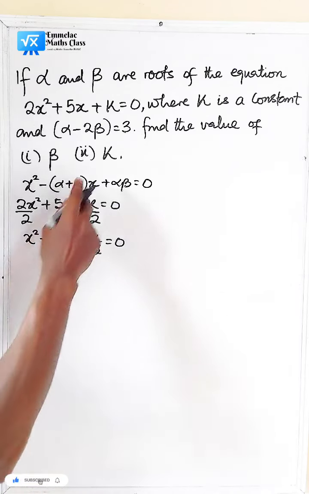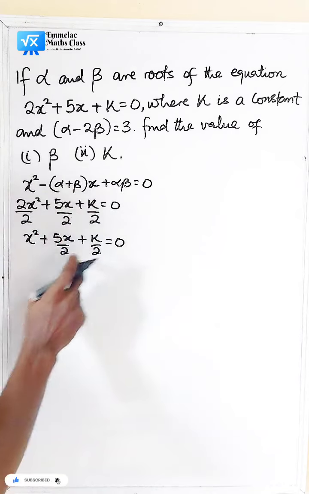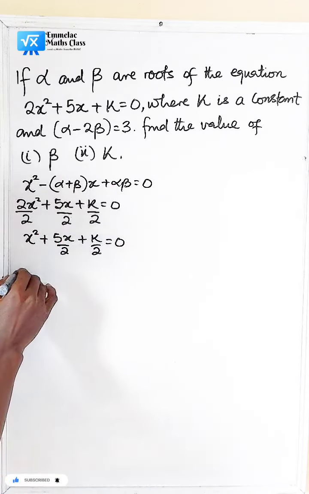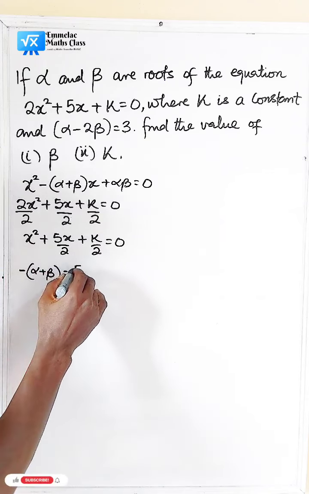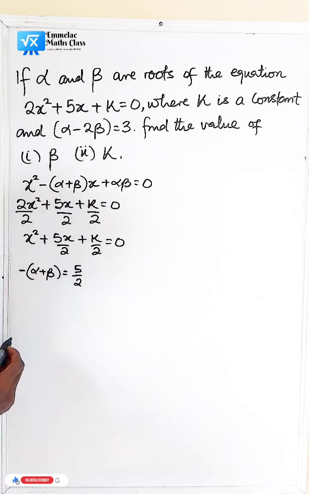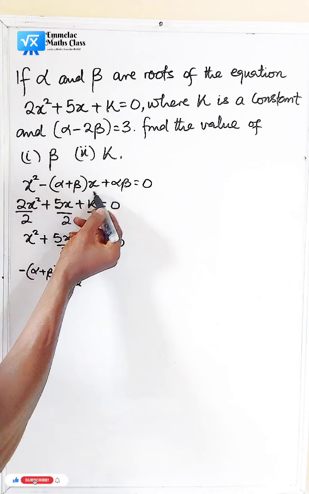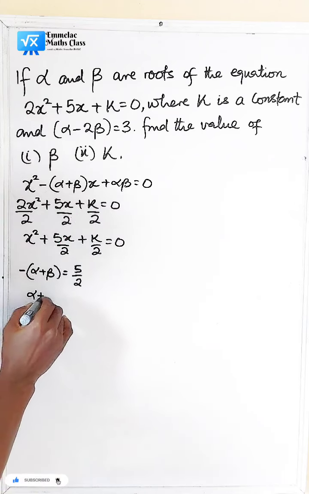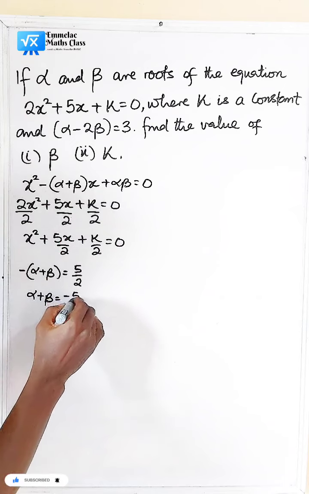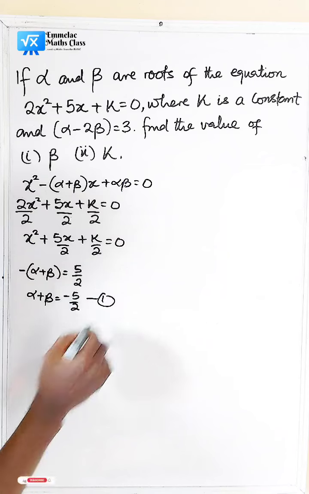Let us equate the x terms and alpha beta to k. So negative (alpha plus beta) equals 5 all over 2, because here we have the x, here we have the x. So alpha plus beta equals negative 5 all over 2, equation 1.